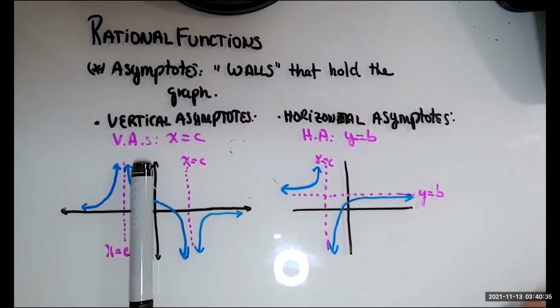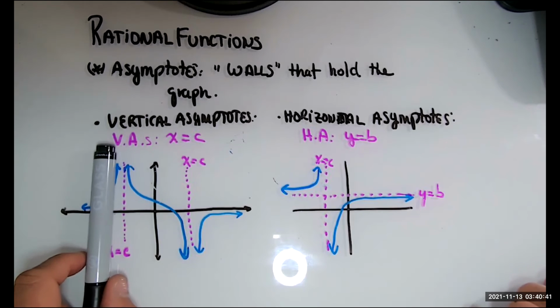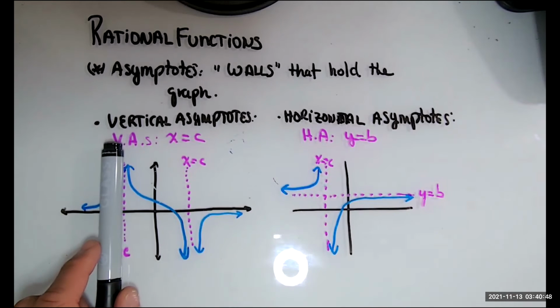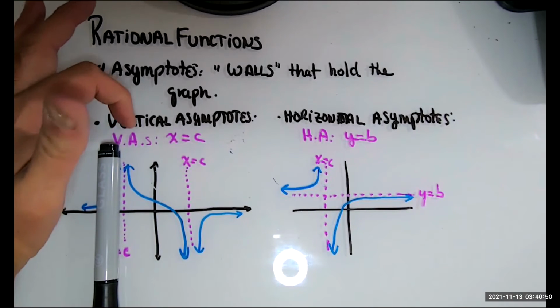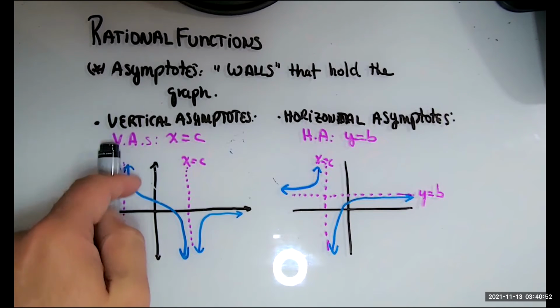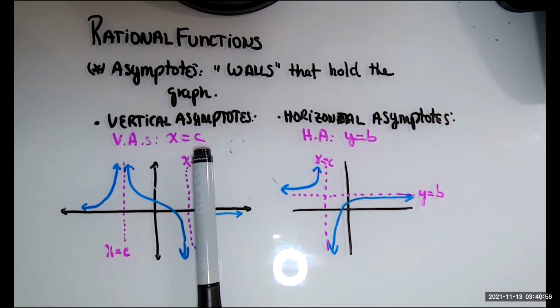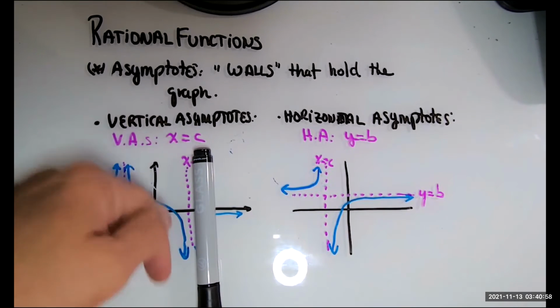X equals a number. We never, never, never intersect a vertical asymptote. Once again, it has to jump because it's not defined at this point. Now it comes from positive infinity and continues. This one wants to continue going down. However, it experiences another line that pushes the graph down.